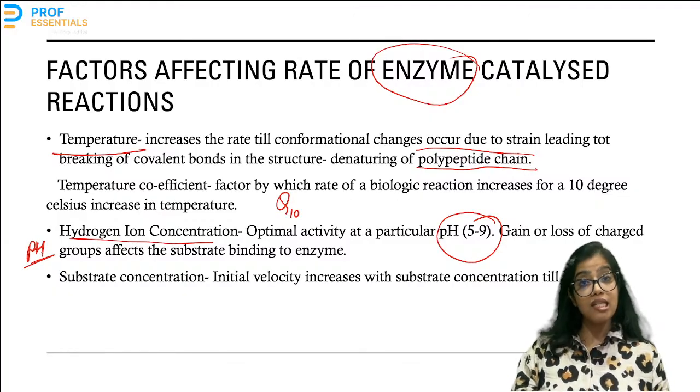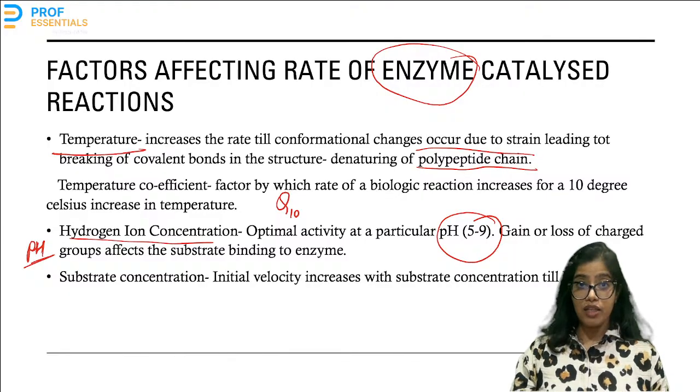So the enzyme itself can get affected. Therefore the enzyme catalyzed reaction will be affected beyond this optimal pH. So there has to be an optimal temperature and an optimal pH for the enzymes inside the body to function normally, to function optimally.